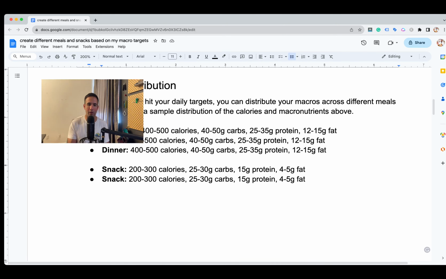You can do tilapia, you can do shrimp, you can do lean cuts of pork, lean ground beef, lean ground turkey, and that's going to be pretty similar, about that 3 ounces cooked, roughly around that 20 to 30 grams of protein. So great. Okay, I'm going to need probably 1 to 2 carb sources for breakfast. I'm going to need probably 1, maybe 1.5 servings of protein based on what we just talked about.